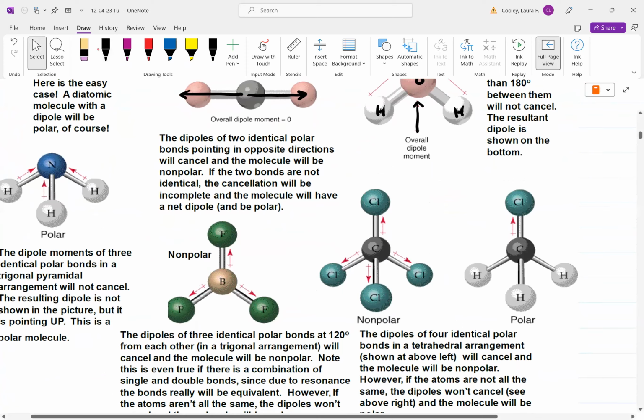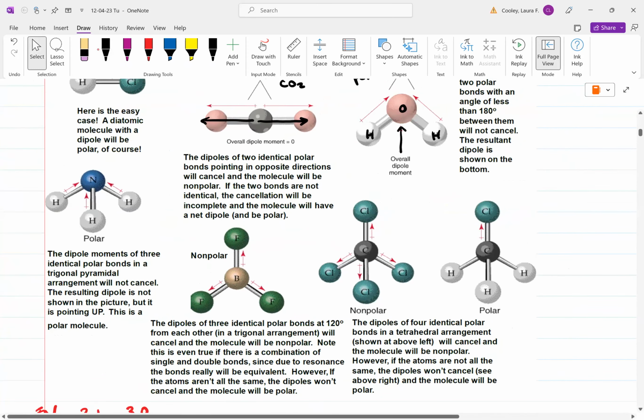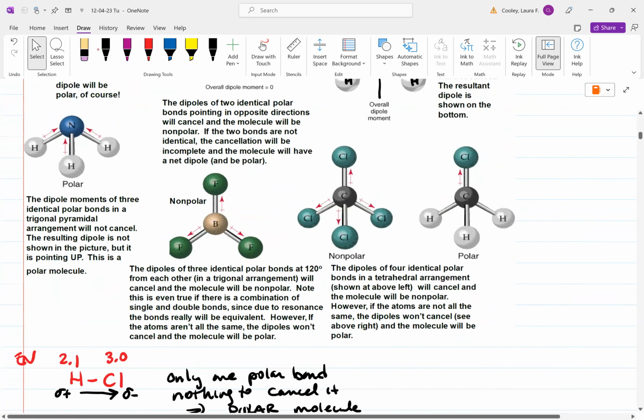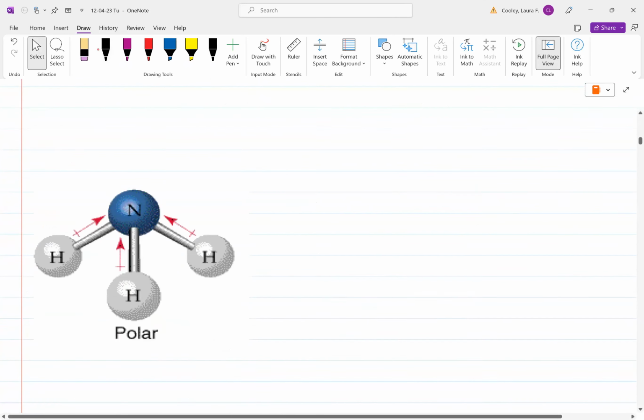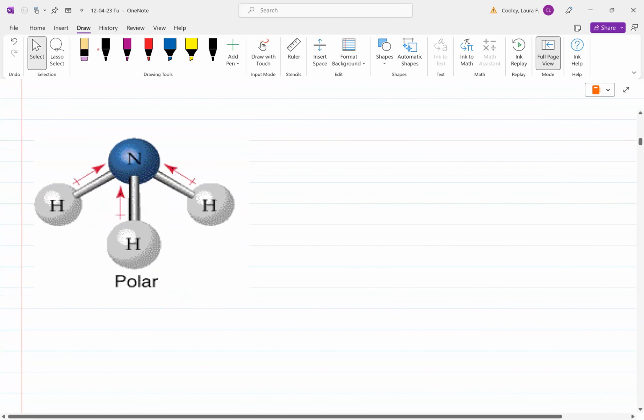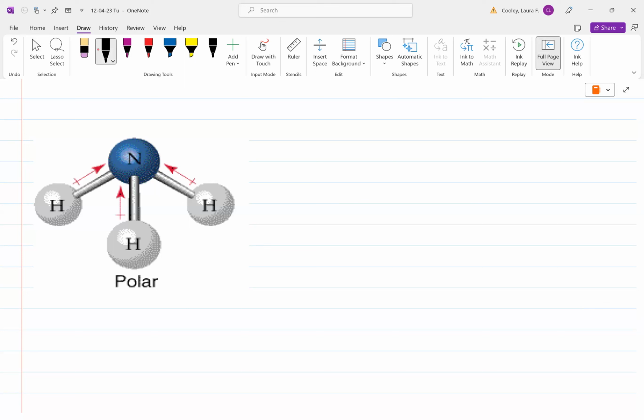The dipoles cancel, which brings us to NH3. I have NH3 over here. NH3 is a little pyramid, it's got a nitrogen on top and these hydrogens in a trigonal pyramidal arrangement, because they're not in a plane with the nitrogen. It's not trigonal planar, it's trigonal pyramidal.